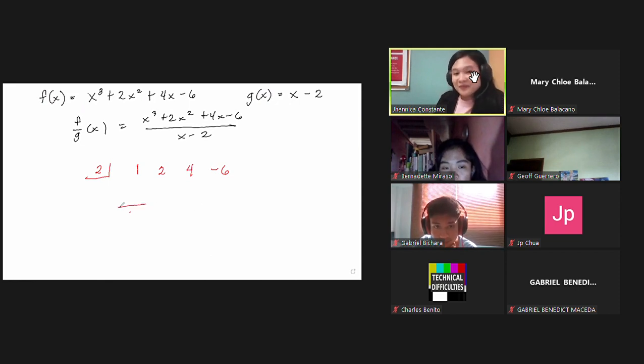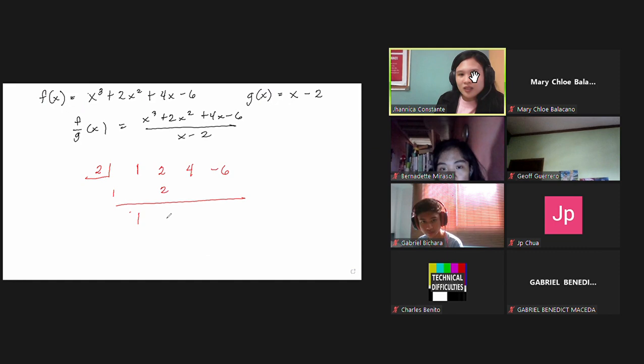Okay. Bring down your first coefficient, just positive 1. 1 times 2 is 2. 2 plus 2 is 4. 4 times 2 is 8. 4 plus 8 is 12. 12 times 2 is 24. Negative 6 plus 24 is equal to 18.